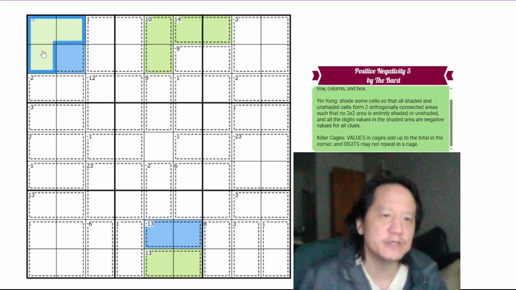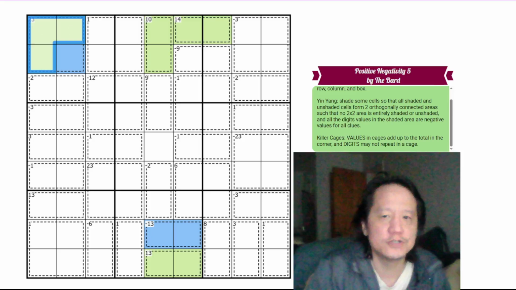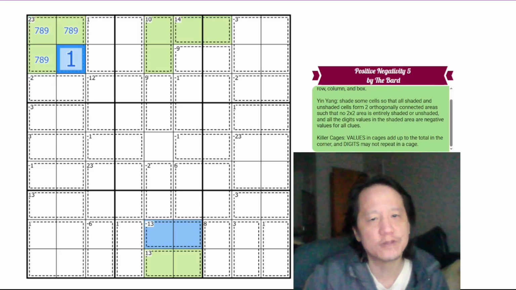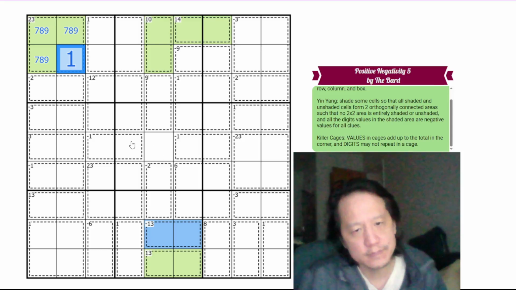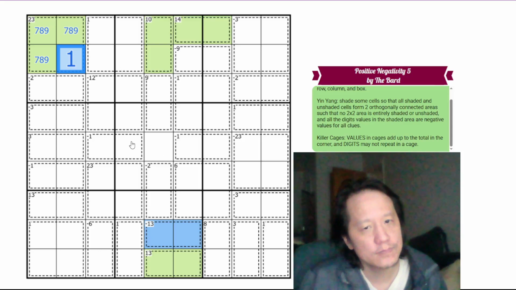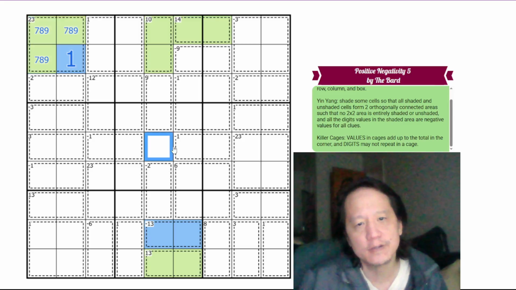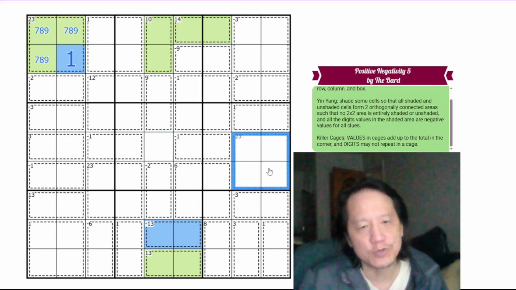And this must be 7, 8, 9 as the unshaded, and then 1 as the shaded to add up to 23, right? Because 7, 8, and 9 added positive is 24, minus 1 is 23. So this is negative 23 here.